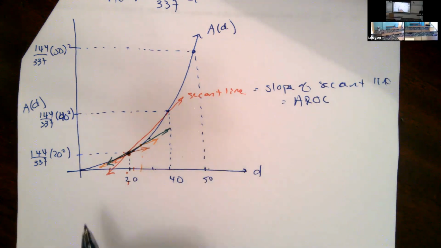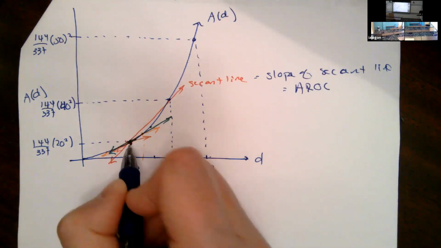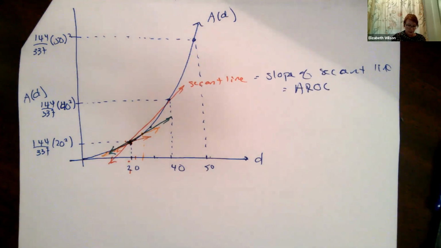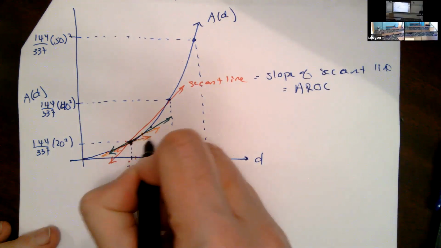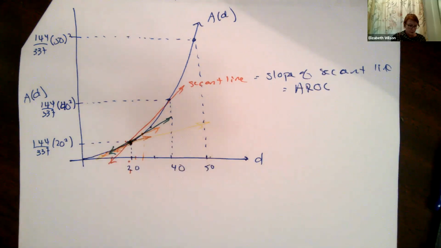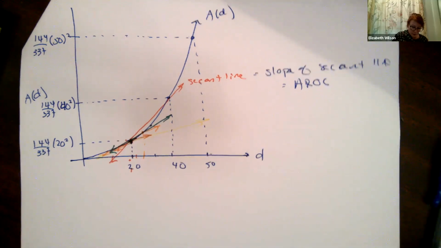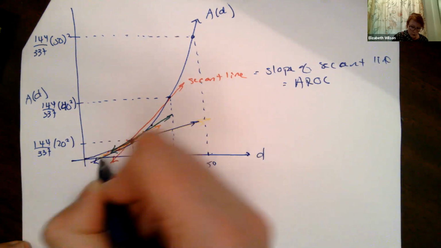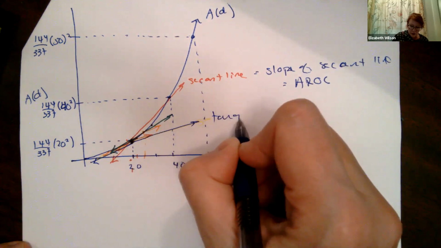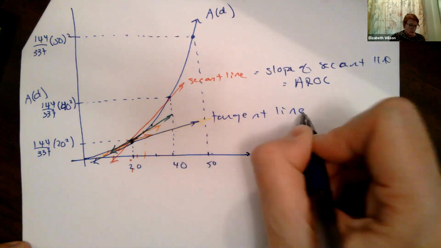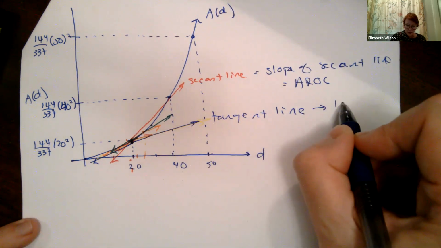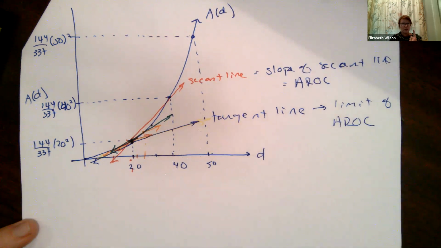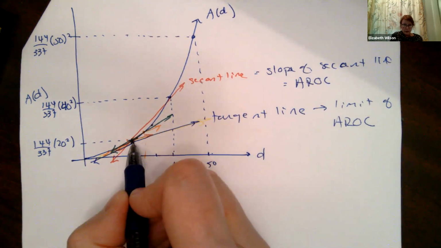So basically what we're trying to do is, you guys can see this, but the yellow isn't the best one. My whole point right here is to get to what we call a tangent line, right? The tangent line is the limit of our average rates of change, right? Tangent line touches at only one particular spot, okay?